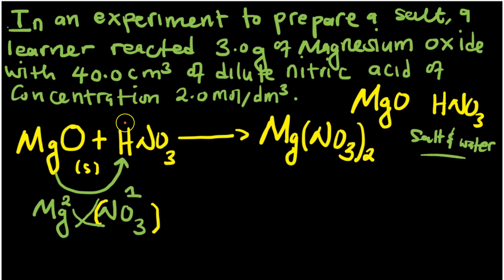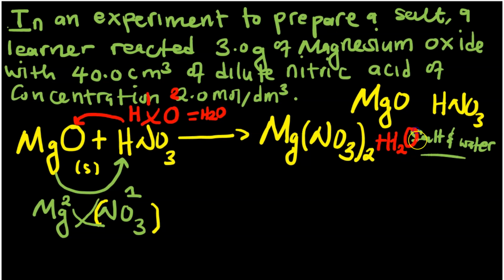On top there, hydrogen is going to react with the oxygen. And in the process, what is produced? H has valence 1, oxygen has valence 2. So in the process, what is produced is H2O. So plus H2O. And the salt is in aqueous state and liquid state for water. So this is the equation.